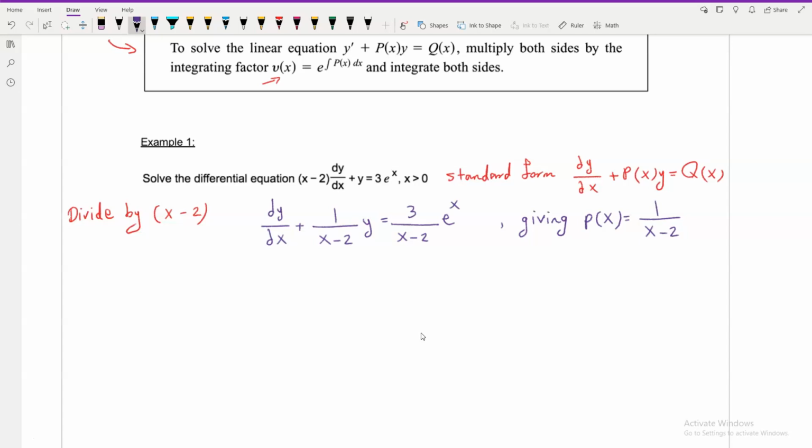So here we have dy/dx + 1/(x - 2) times y equal to, on the other side, 3/(x - 2) times e^x. So p(x) is equal to 1/(x - 2), the coefficient of y.